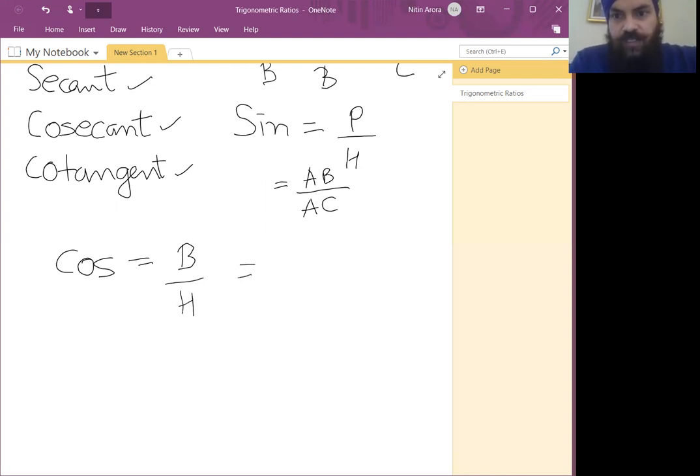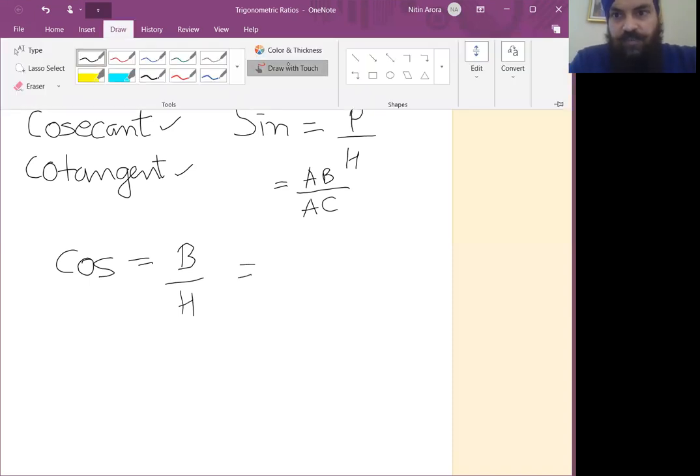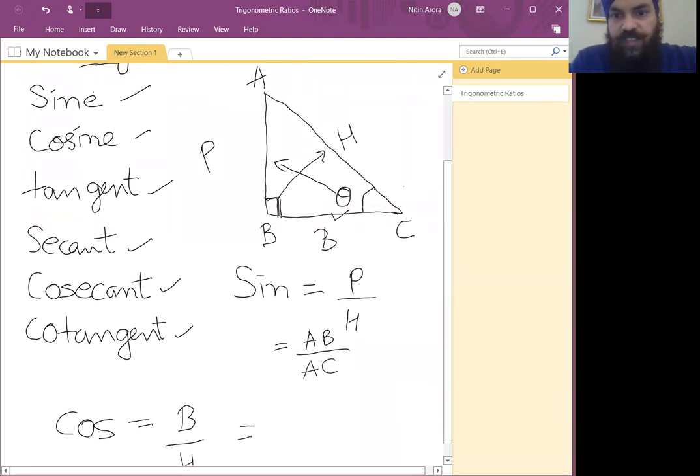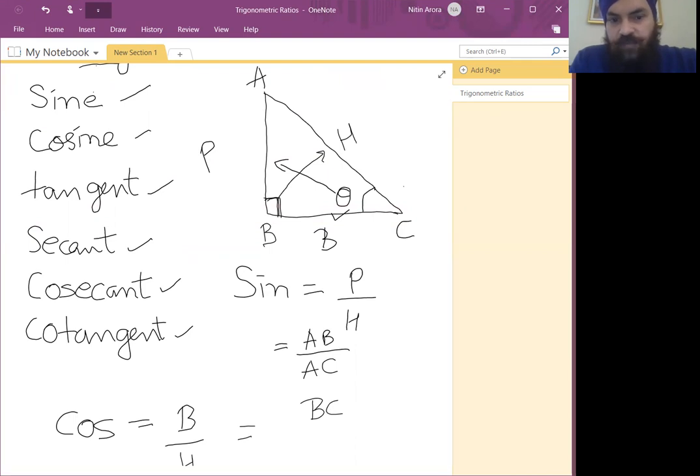Here in the diagram, as you can see, the base is BC and the hypotenuse is AC. So it is the ratio of base BC over hypotenuse AC.